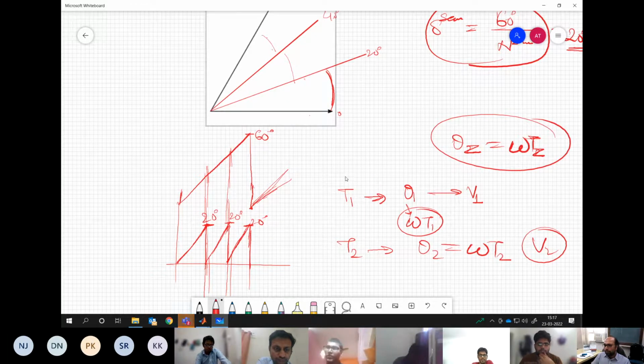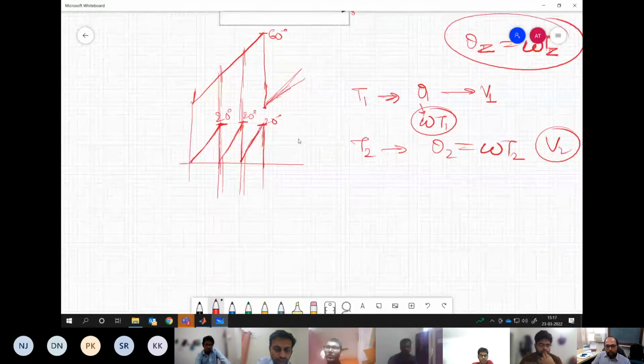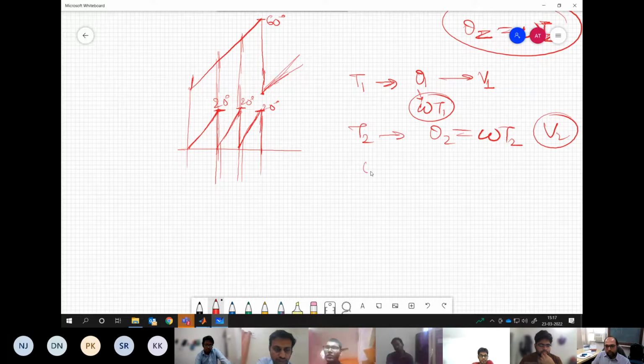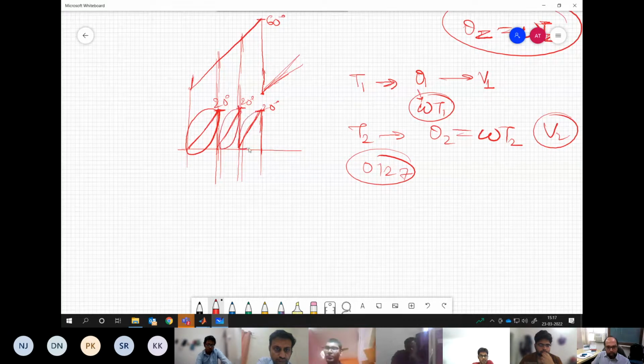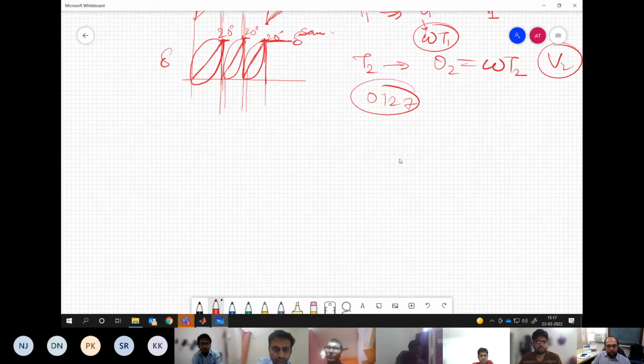Now, the sequence we have to apply, 0, 1, 2, 7, we have to apply within this duration once, then again within this duration once, then again within this duration once. If I call this angle delta and the maximum value delta sampling, when my delta is between 0 and theta z by 2, I will apply vector 0.